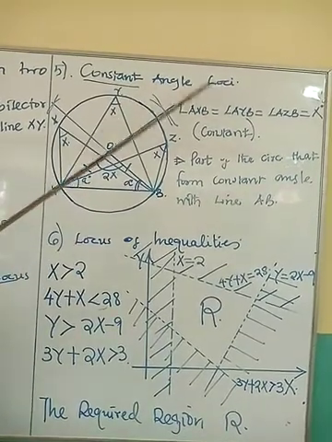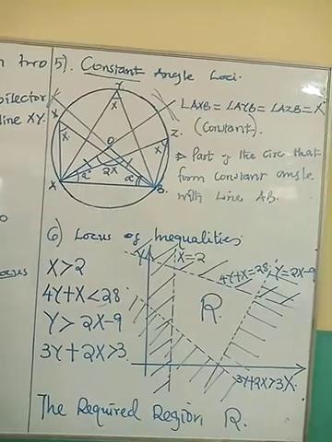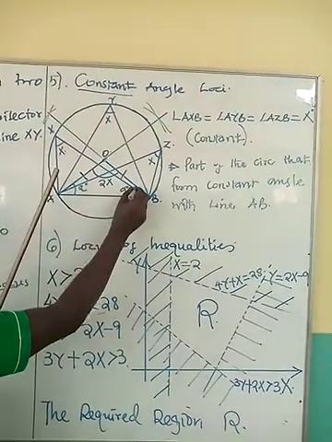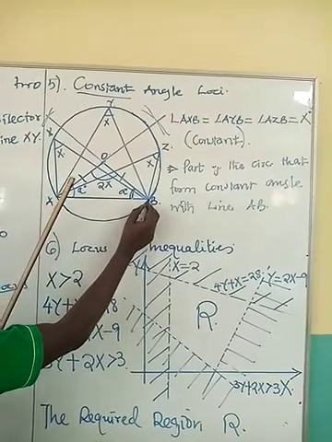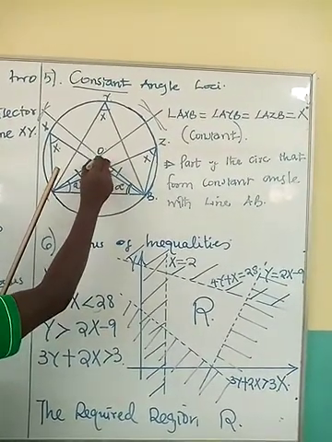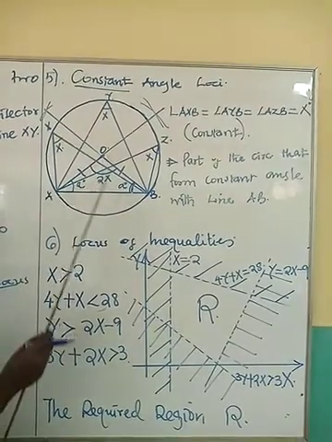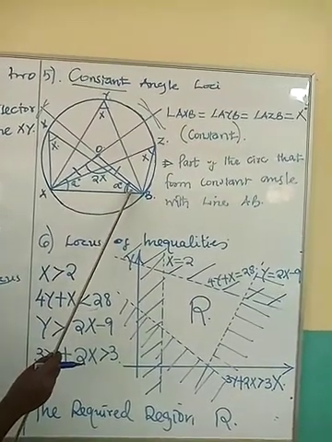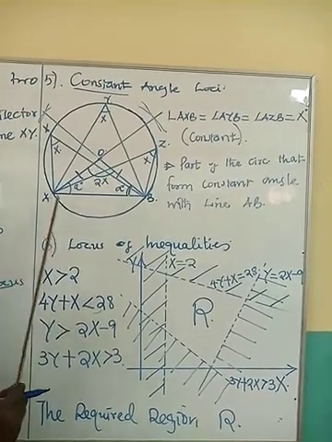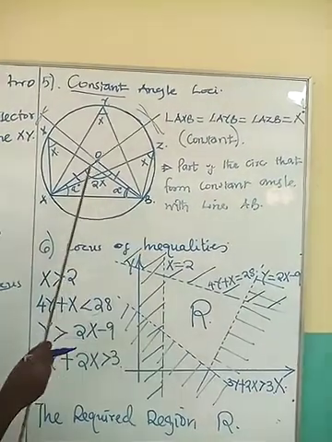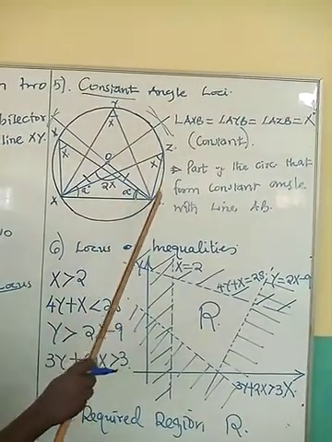And therefore the constant angle loci is a knowledge of Form 2, and we concentrate majorly on the base angle of the isosceles triangle formed by the chord AB and the center, forming that isosceles triangle AOB. So when you construct this angle, extend line BO, extend line AO, where the two meet, stand there and have your constant angle.